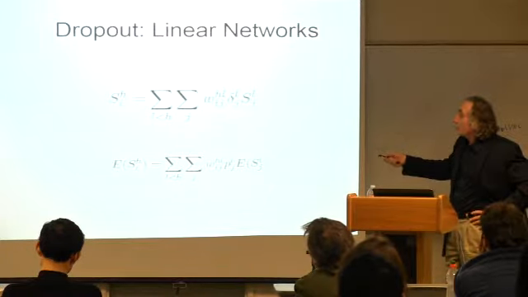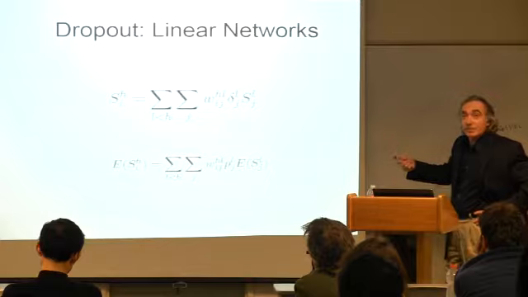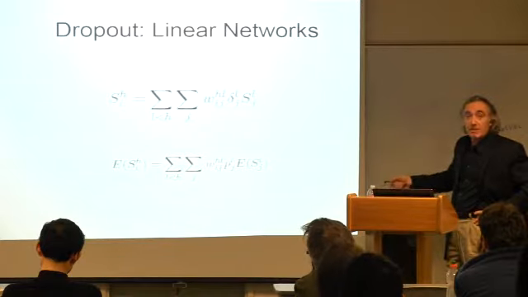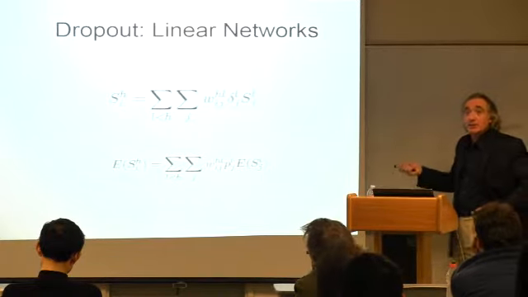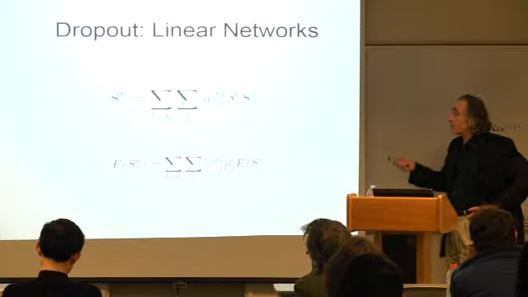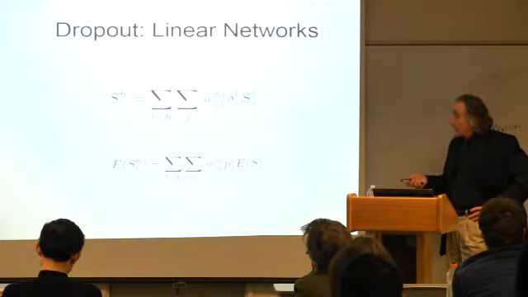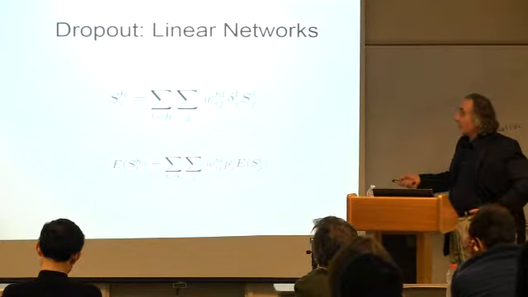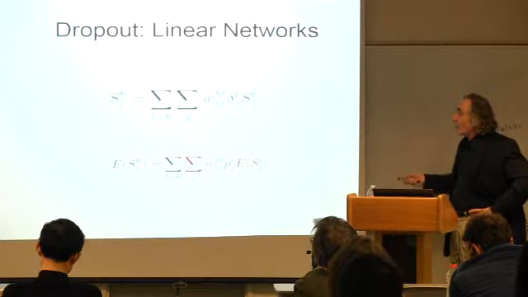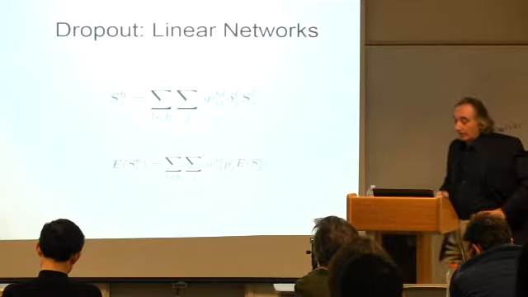If you're using 0.6 for deleting neurons, you're going to get 0.6 here, right? So in the linear case, you can see exactly what is going on: this average over all possible networks is indeed computed by this expectation.